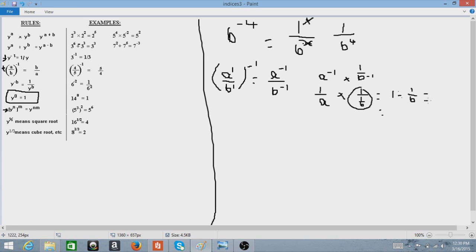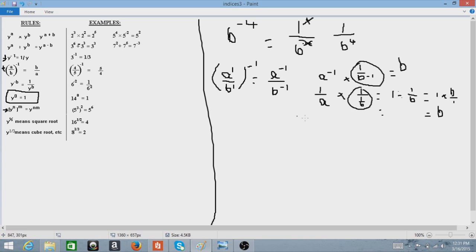So this will be equal to 1 times B over 1, which simply equals B. So when you see this here, all you need to know is you do a reverse of the third rule. So instead of being 1 over B to the minus 1, it's just going to be B.